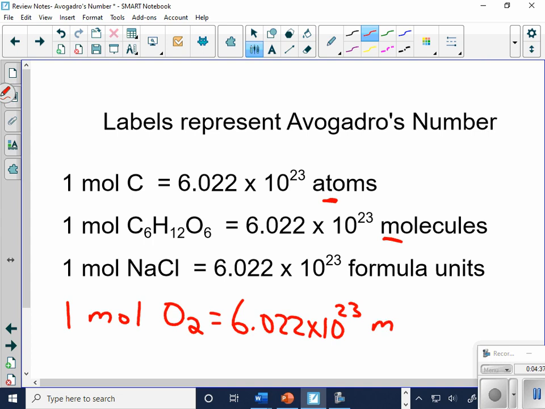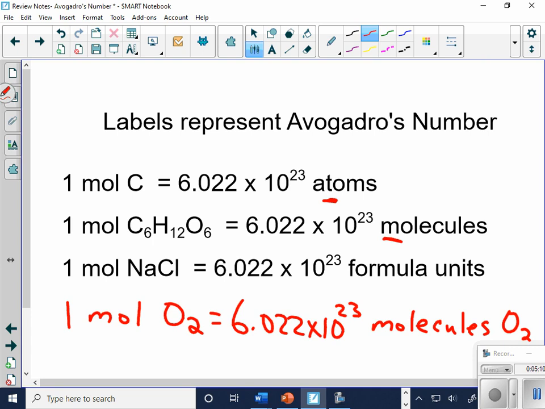So 1 mole of oxygen has Avogadro's number of molecules of oxygen. So even though it's only 1 element, it's covalently bonded together. They're sharing electrons, so we classify that as a molecule.